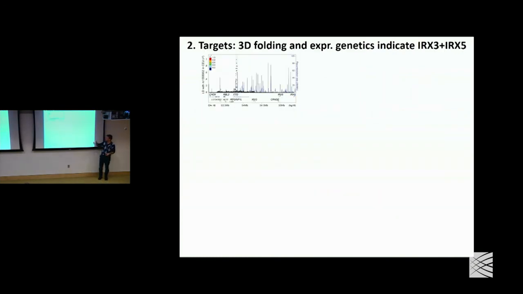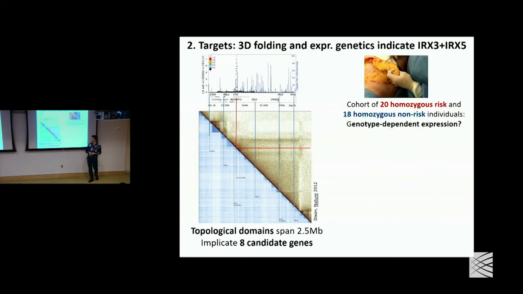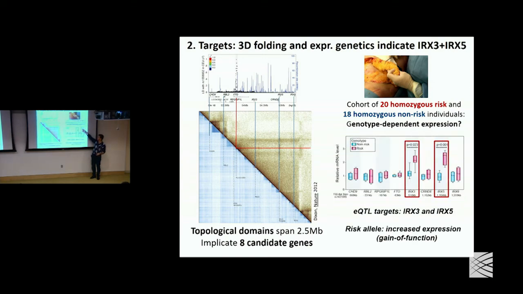But what are the target genes? Well, as I told you earlier, this genetic association localizes squarely in the FTO gene. But there's this Hi-C information of physical linking that implicates potentially many more genes nearby. So with Melina, we basically looked at all of these genes and their expression differences across risk individuals and non-risk individuals.